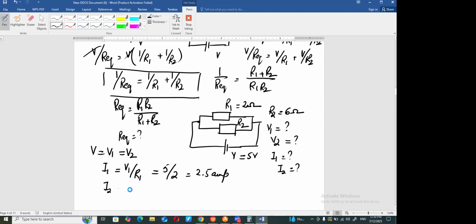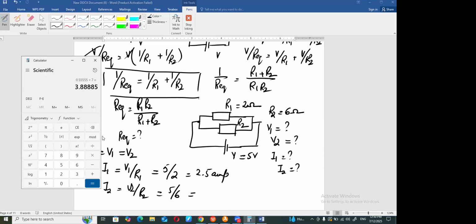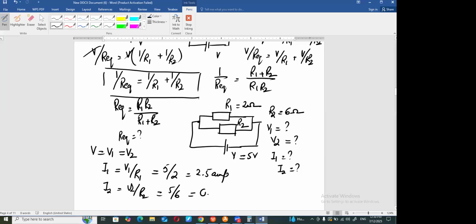And I2 will be equal to V2 upon R2, which is 5 divided by 6, which is 0.83 amperes. This is the current value. Here you do not need to find R equivalent in the first place, right? Now what is the voltage? Voltage is the same. We know that V is equal to V1 is equal to V2 is equal to 5 volts, right?